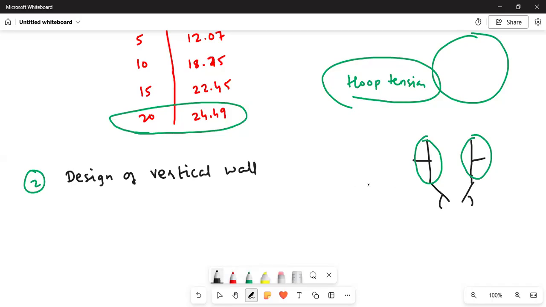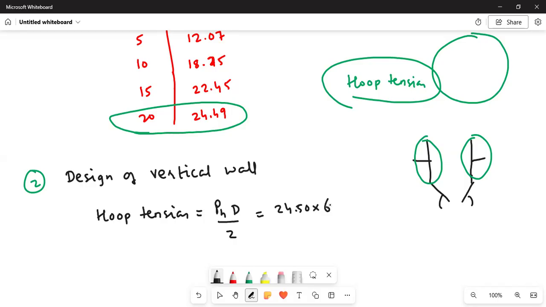So I told you vertical wall will be subjected to hoop tension. Okay. So hoop tension is given by hoop tension equal to pHD divided by 2. Okay. So pH, just now we have calculated, that is 24.50 into diameter of the circular section.